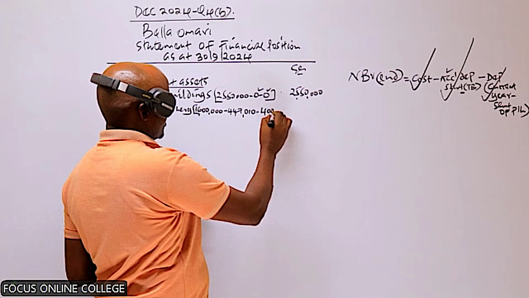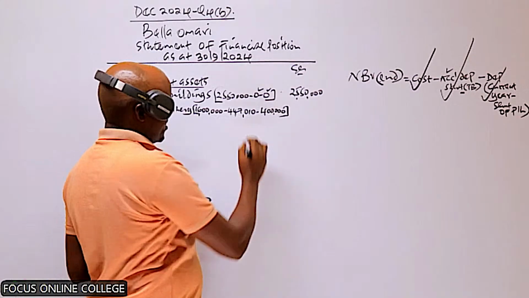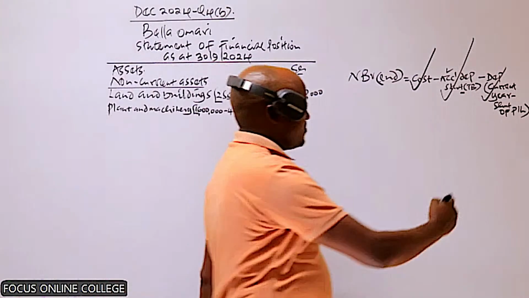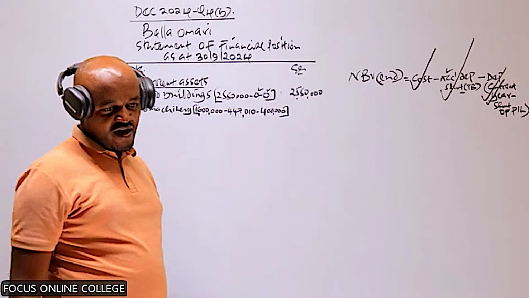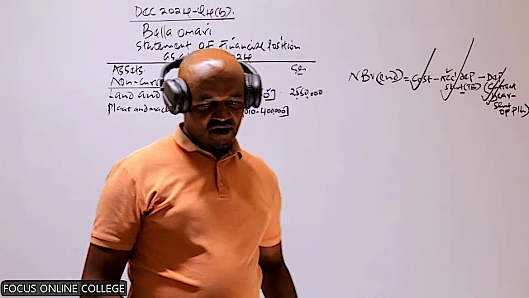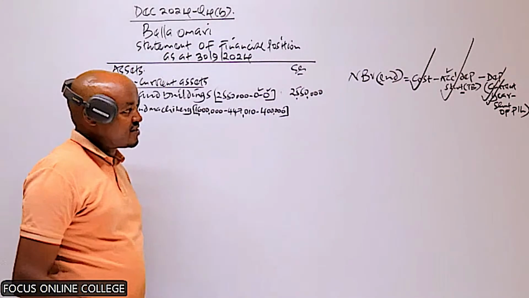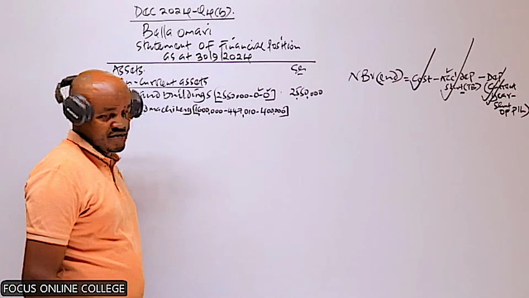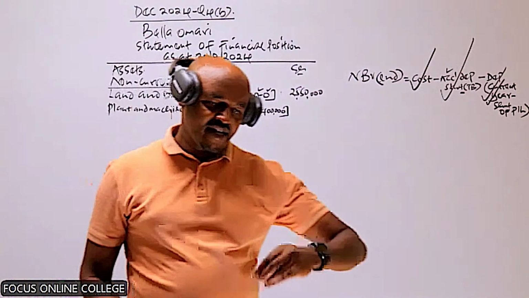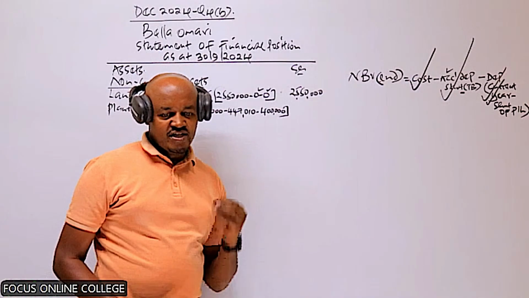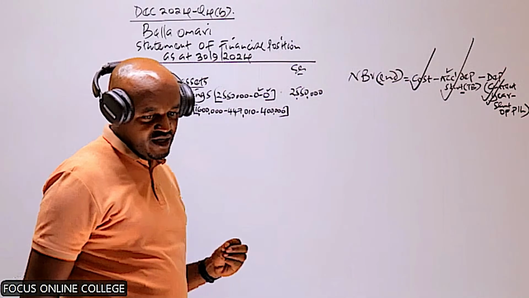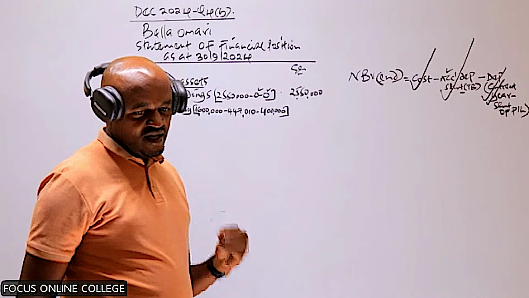Was it 400,000? The depreciation from the income statement for the current year? If you go to the income statement, you'll be able to see we have depreciation which is recognized as an expense. Is it 400,000? Yes. So that's basically how we compute the net book value.